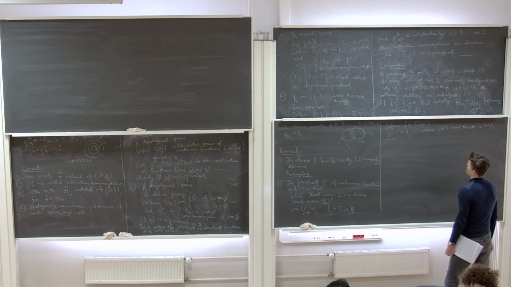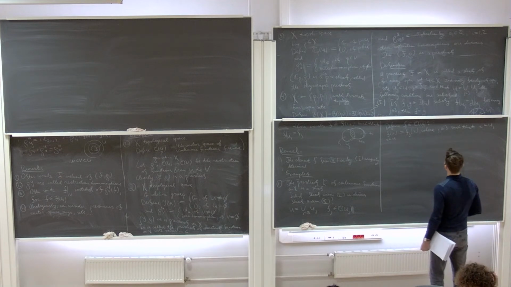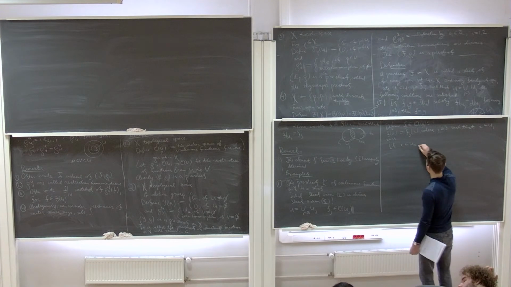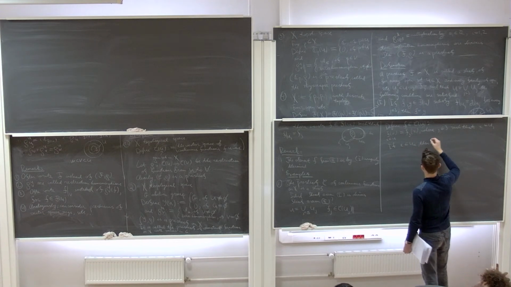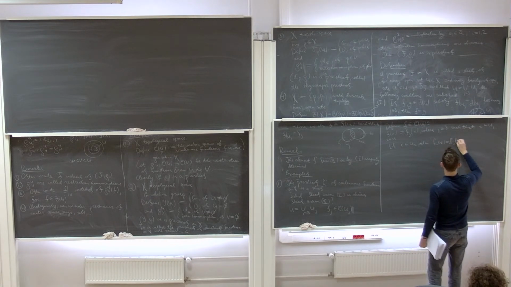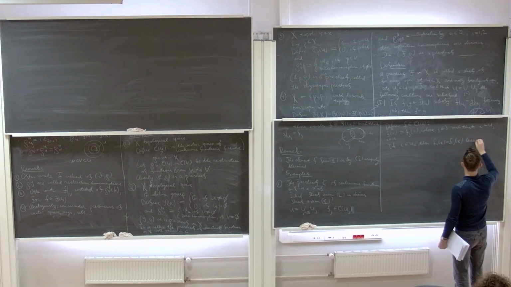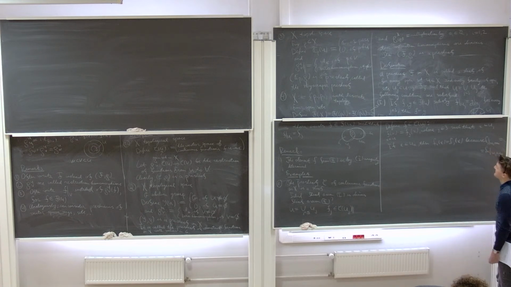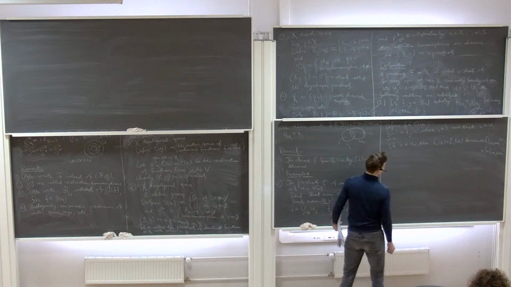Okay, and if x is in some other Uk, then of course fk of x is equal to fj of x, because by assumption fj restricted to Uj intersected with Uk is equal to fk restricted to it.